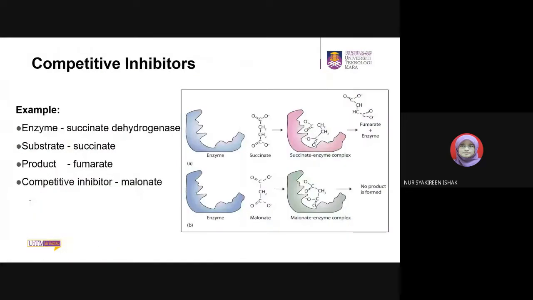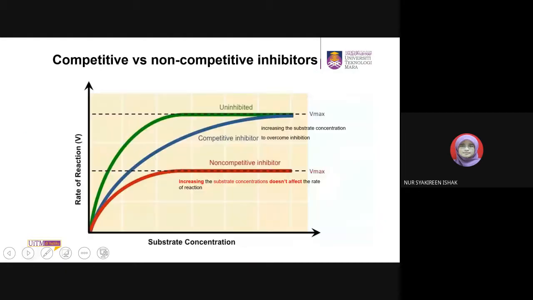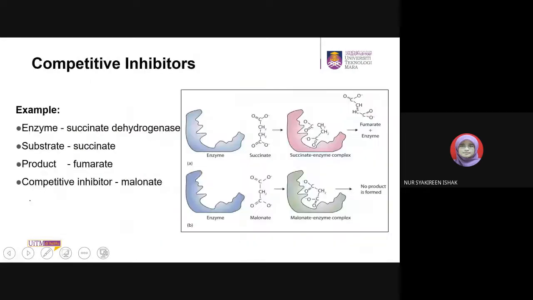Okay, so competitive inhibitors. So here you have an enzyme, okay. The name of the enzyme is succinate dehydrogenase. Okay, so this blue enzyme here is succinate dehydrogenase. So the substrate is succinate.